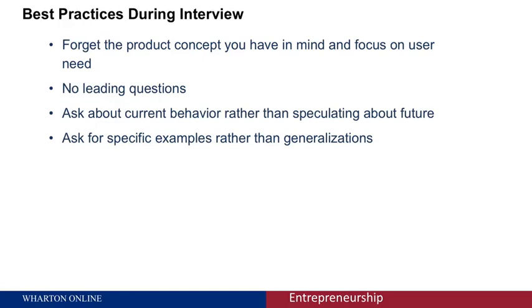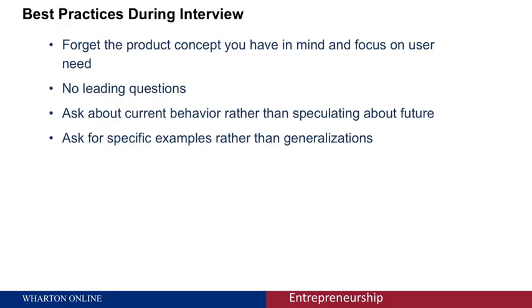Also, ask about the user's current behavior rather than speculating about their likely behavior in the future. So don't ask users questions like, will you use this product? Or don't ask them questions about how might you do this in the future. Instead, ask them, how do you currently do something? Because people don't really know how they'll behave in the future, and they will speculate, and that's not going to be particularly informative.